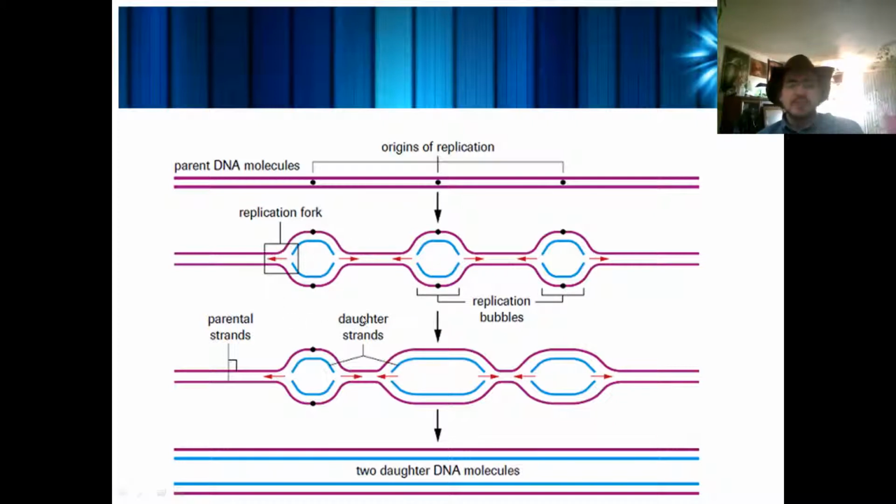And so these bubbles continue to stretch out and move continually forward. See, here's the middle one expanding. And as we continue to move, we continue to make new DNA until we eventually get two full duplicate strands of DNA, each made of an original parent template strand and a fresh new strand.